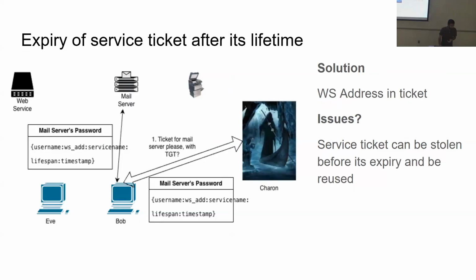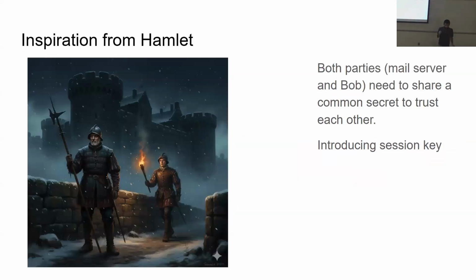Because of that, Eve can just steal that ticket and replay that ticket to get access to Bob's mails. But to make sure the mail server is only accessed by Bob, we need something which is common to both the mail server and Bob.